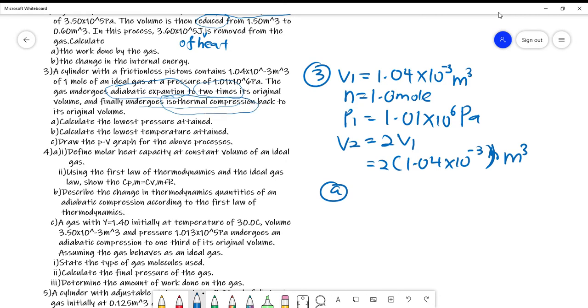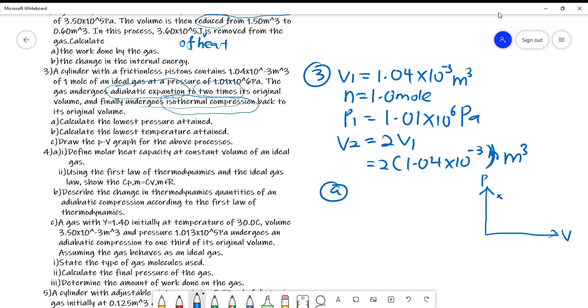So what we have for our lowest pressure is, okay, let me just simply draw my graph. So this is my PV graph, and this will be my first point.